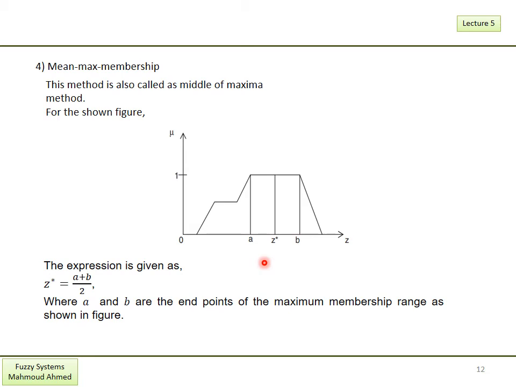The defuzzified value for this example can be calculated by having the two limits in which the maximum value is illustrated here, from A to B. So we get A plus B and divide it by 2, because we have here only 2 points. So Z star is simply A plus B divided by 2, where A and B are the endpoints of the maximum membership range as shown in the figure.